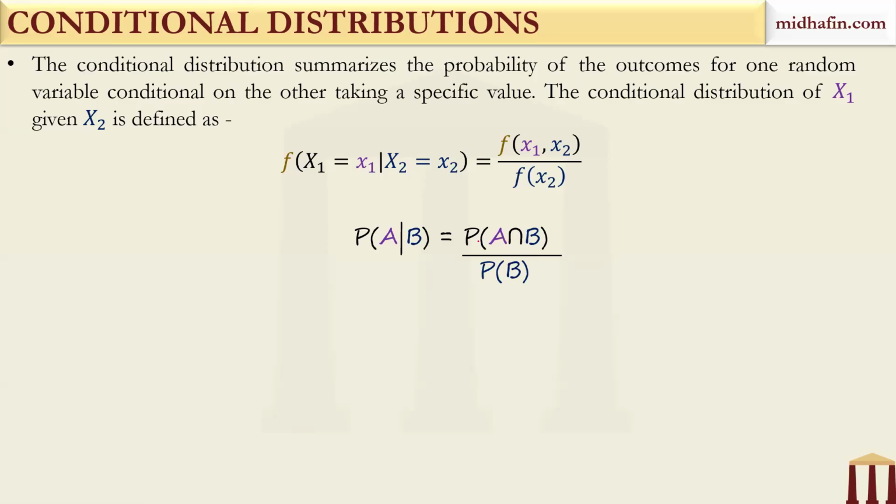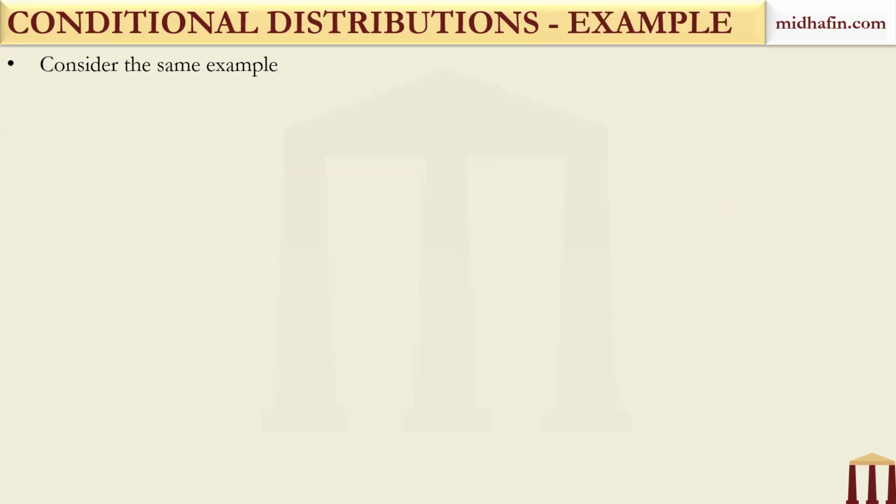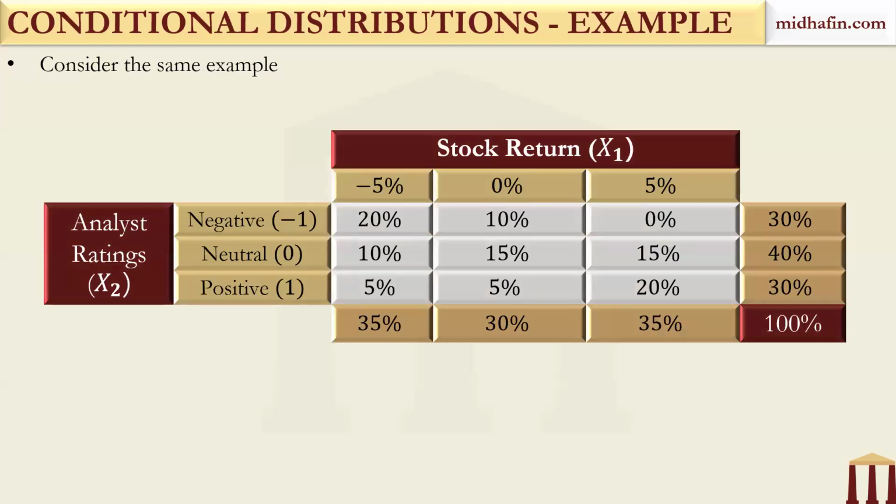In the numerator, you have joint of A and B, and in the denominator, you have marginal of B. So consider the same example now.